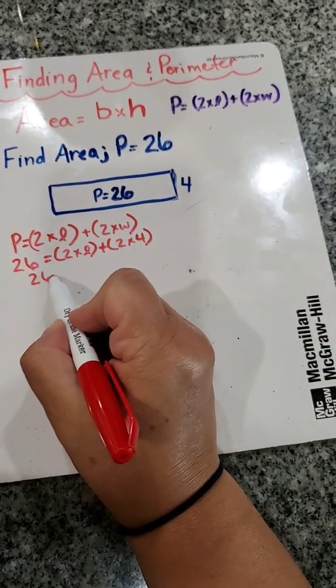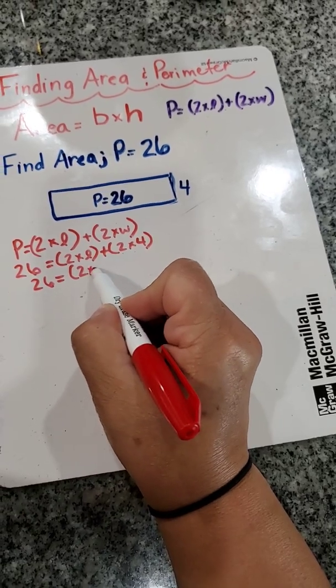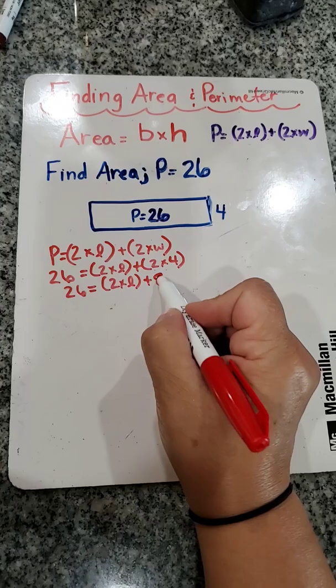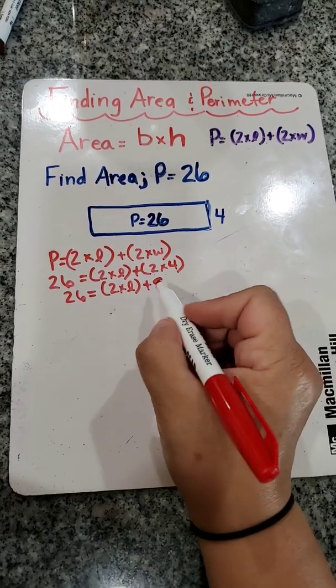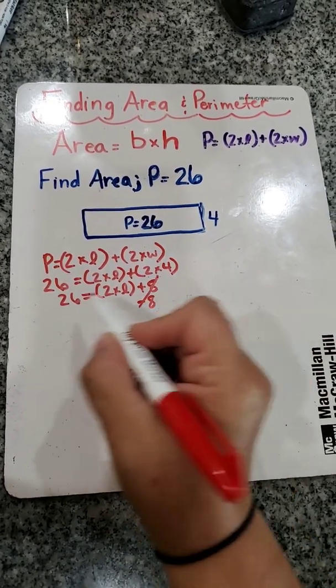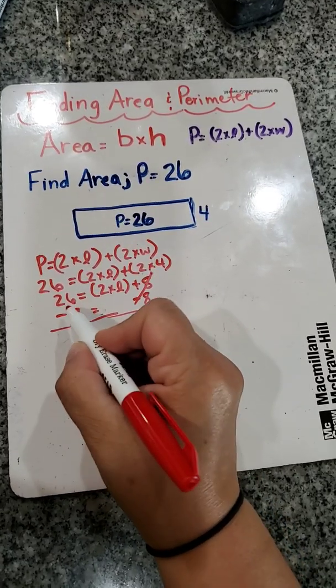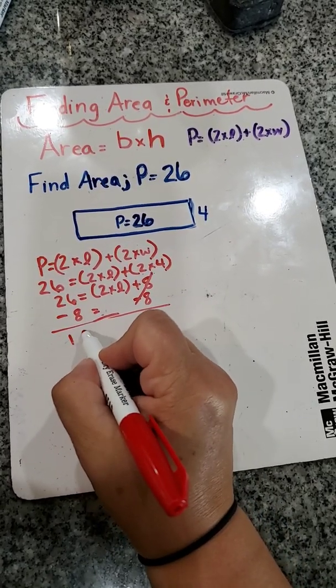So 26 is 2 times L plus 2 times 4 is 8. So then we subtract the 8 to get rid of it from both sides.